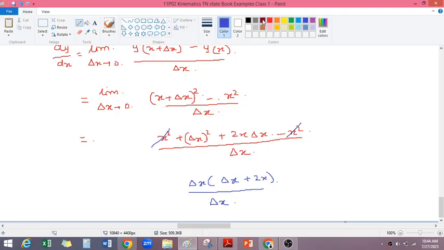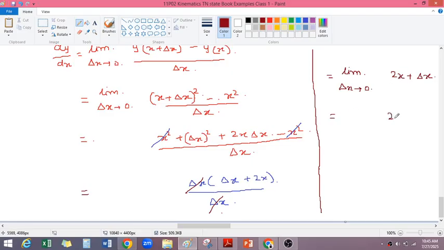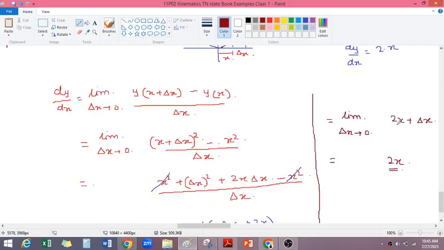Then I can cancel delta x and delta x. So what is left is 2x plus delta x. But since delta x is approaching 0, this is very small, which means your answer is only 2x. And that is what we got here.